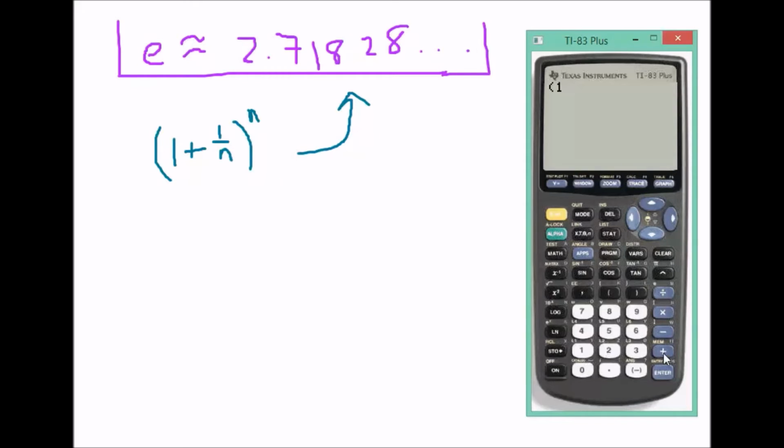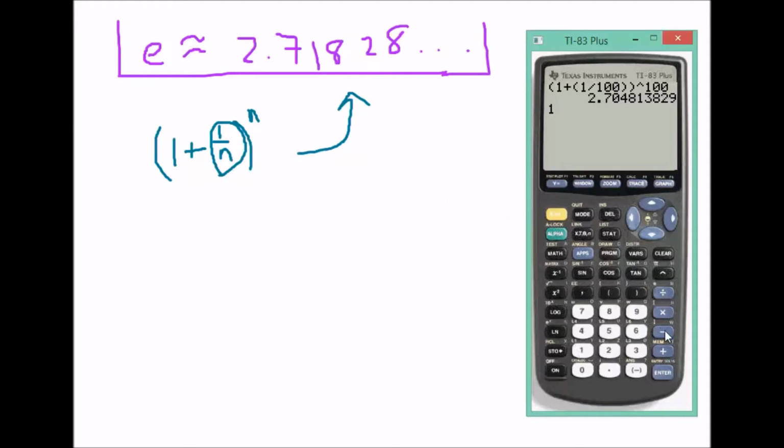So 1 plus, and we have to put this division part also in parentheses, so it knows we want to do that separately. So 1 plus 1 over 100, close the parentheses, all of that to the 100th power. It's 2.704.